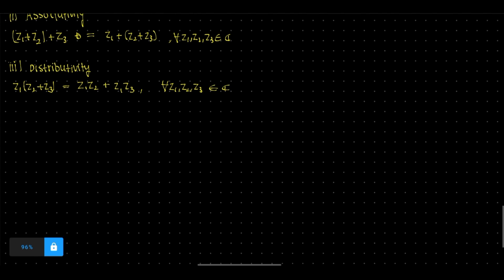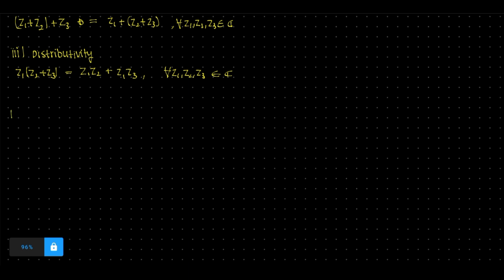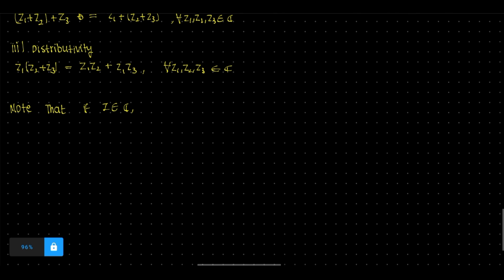So that out of the window, note that if z belongs to C, then it can be represented as a + ib.